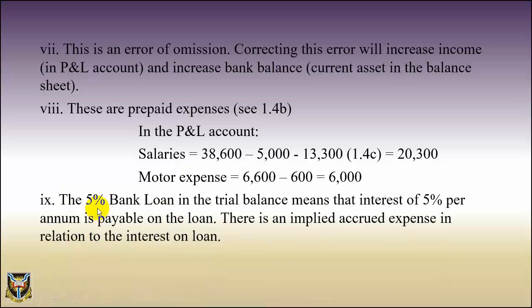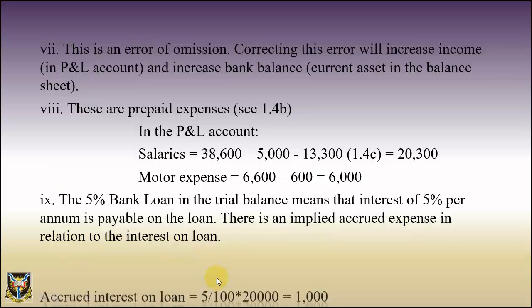The 5% bank loan in the trial balance means that interest of 5% per annum is payable on the loan. There is an implied accrued expense in relation to the interest on loan. Accrued interest on loan is equal to 5 over 100 times 20,000 is equal to 1,000.